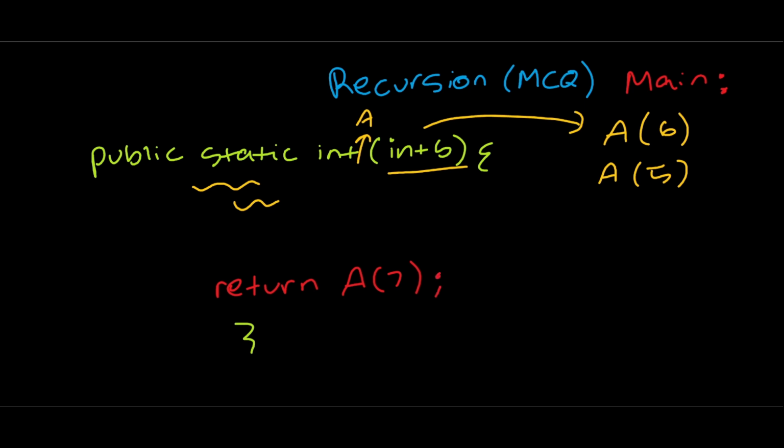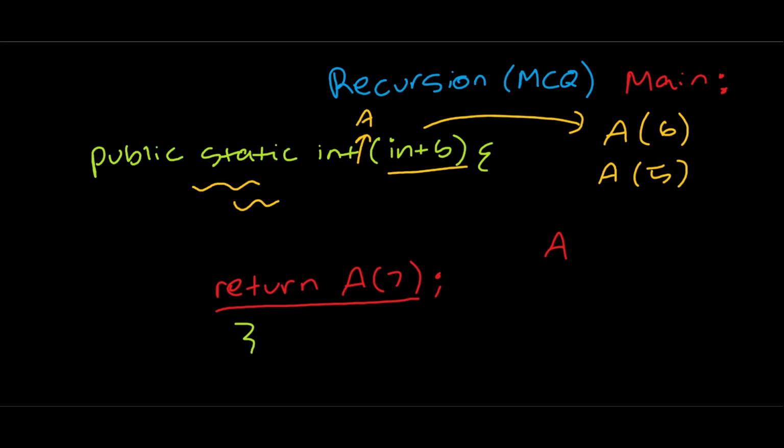Now, as you can see, we're inside of method A, but method A is calling itself, and that's what recursion is. We'll get into some other vocabulary like what a base case is and what infinite recursion is. But for now, you should be comfortable with the fact that this method A is calling itself. So whenever A is called, in this case it's going to return the result of A(7).